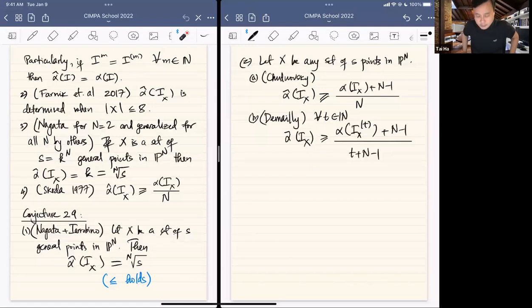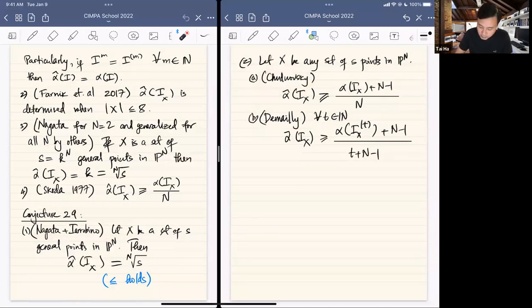So these are the conjectures related to the question that we stated at the beginning of this lecture. The focus for me would be the last two conjectures, Chudnovsky and Dimai's conjecture. I'm not going to talk about Nagata's conjecture from now.